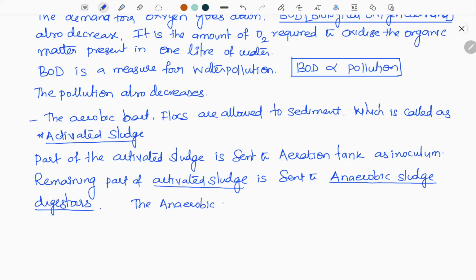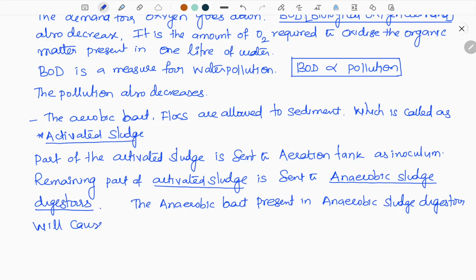The anaerobic bacteria present in the anaerobic sludge digester will cause digestion of the flock, that is, aerobic bacteria.